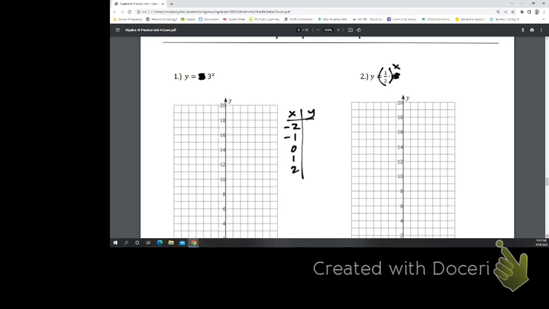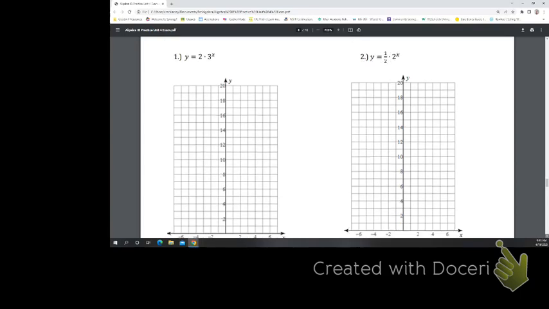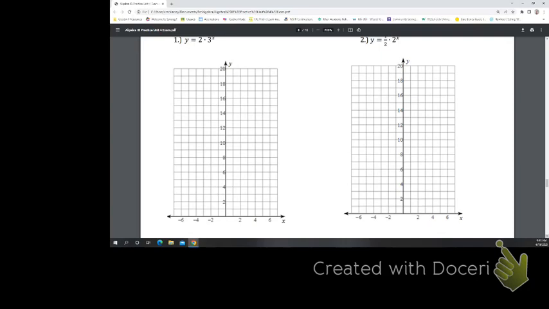That's a good plan. You can use that -2 to +2 for either of them, because that gives you an idea what it looks like on the left and the right.